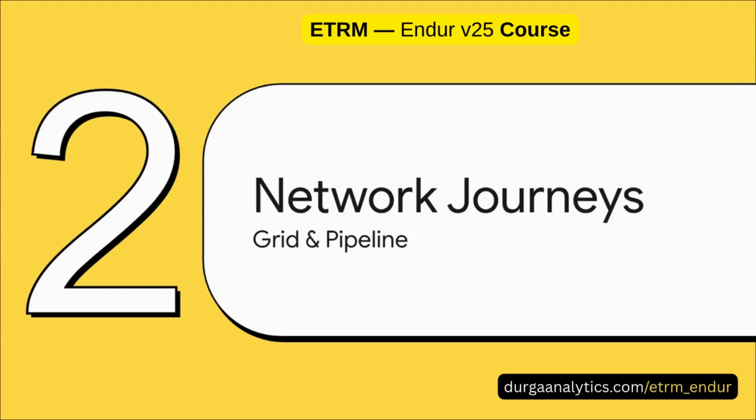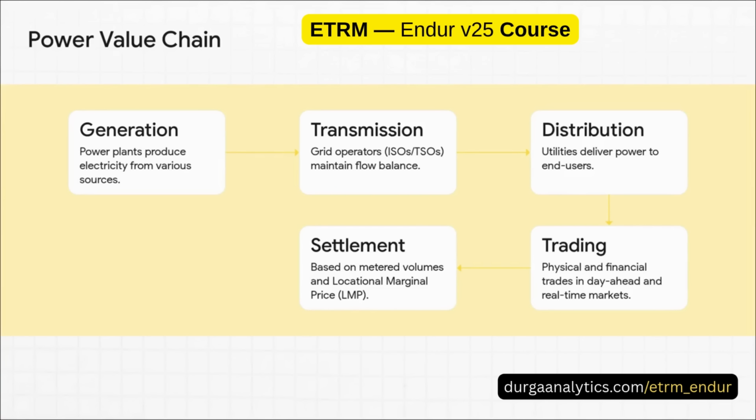We'll start with our first category, network-based commodities. These are the assets that don't really live in a barrel or a silo. Their entire existence is defined by the physical networks they travel on, the power grids and the gas pipelines. The power value chain is a world of pure immediacy. A megawatt is generated, transmitted, and then consumed almost in the same breath.